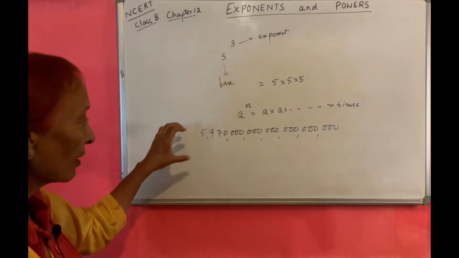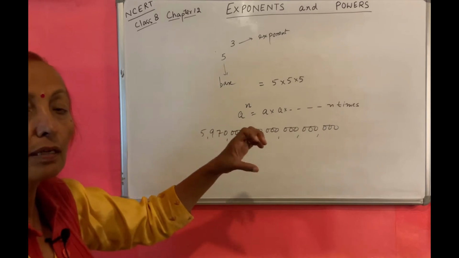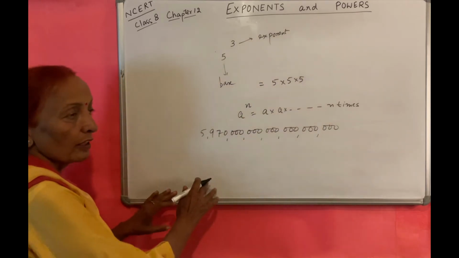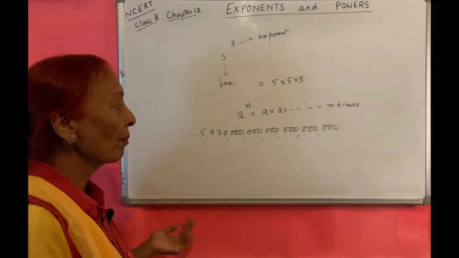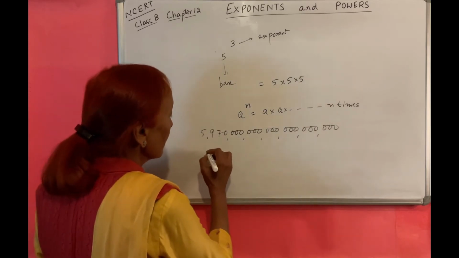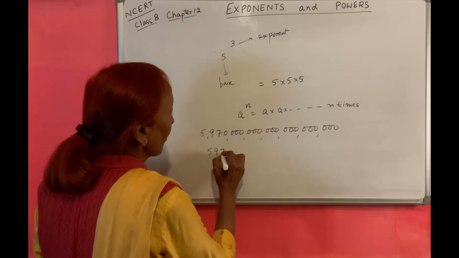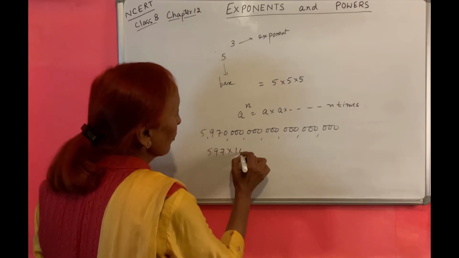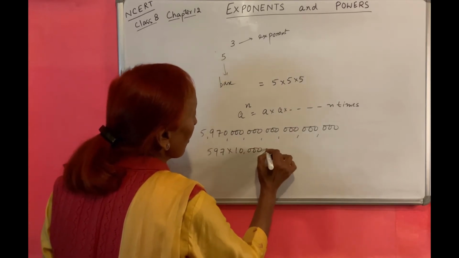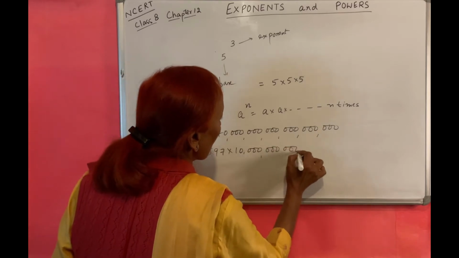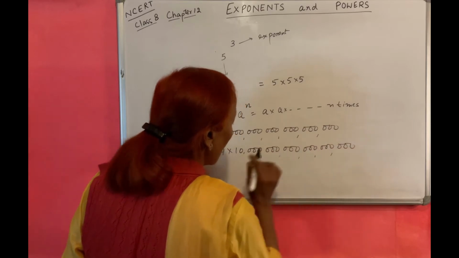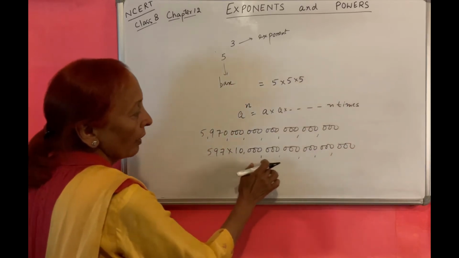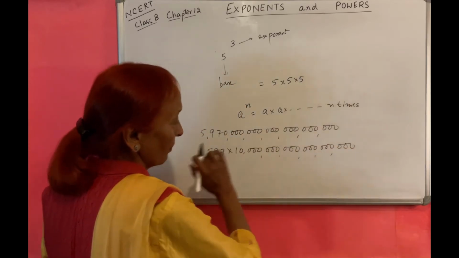So, if I write this number in some short way using exponents, then it becomes easy to read, write or compare the numbers. Like this number can be written as 597 into 1 and 19 zeros.